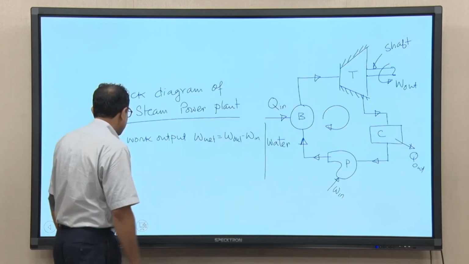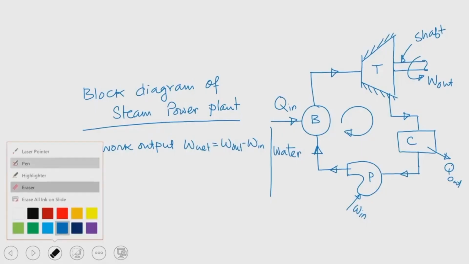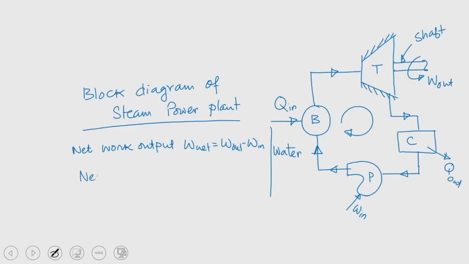So, net we are trying to write. Similarly, we can write here that net heat input, that is Q net, equal to Q in minus Q out. Okay.